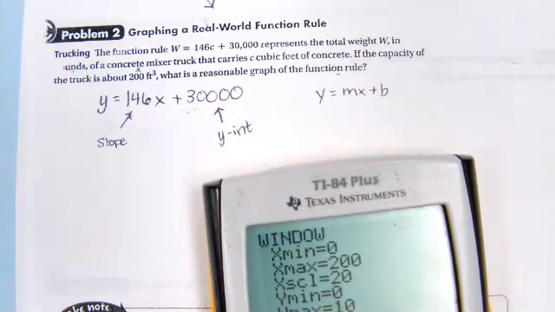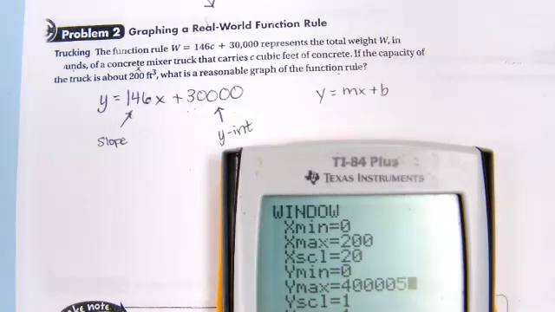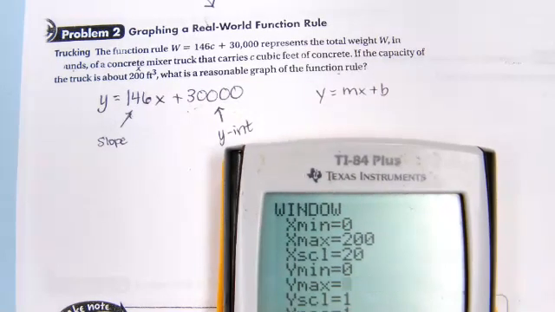Yeah, let's try 40,000 to start out. Does it make sense to go by ones? No. Absolutely not. What would be a better scale? Thousands, at least thousands, right? I might even go by 5,000s here. 40,000 to start off. And then you can always mess with it, right? All right, now press graph.